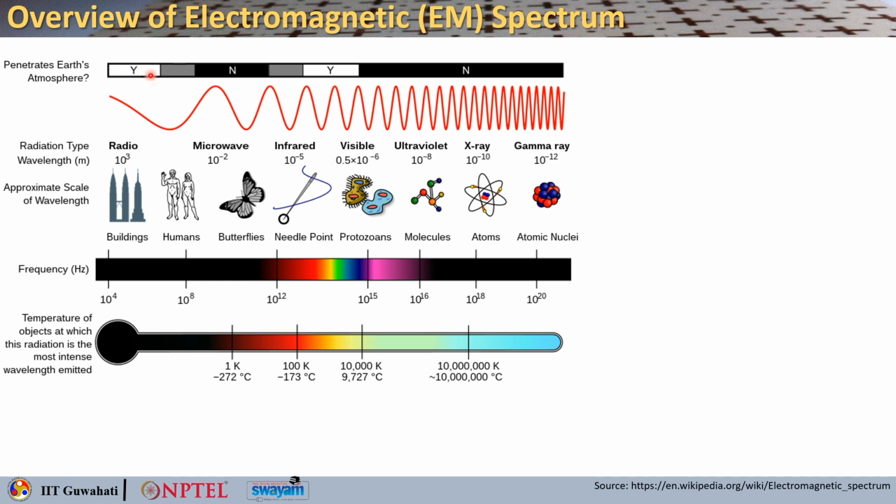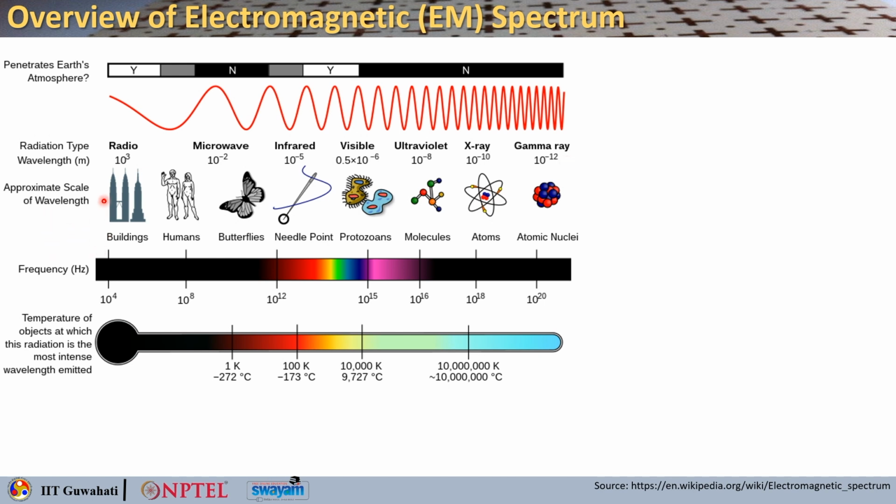So before we begin the course, let us have a quick look at the entire electromagnetic spectrum. As you can see, EM radiation, or electromagnetic radiation, occurs over an extremely wide range of wavelengths, starting from radio waves, which are measured in several hundreds of meters, down to gamma rays, which are basically 10 to the minus 12 meters.